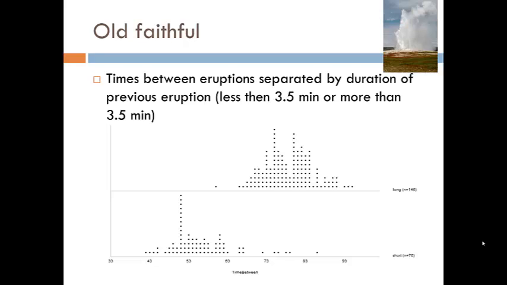That is, the eruption's more than 3.5 minutes, and then you ask yourself, how long is it going to be until that next eruption? On the bottom dot plot, when the prior eruption is short, less than 3.5 minutes, we ask ourselves, how long until the next eruption? And what we can see is that those two separate clusters seem to be fairly well explained by how long the previous eruption was.